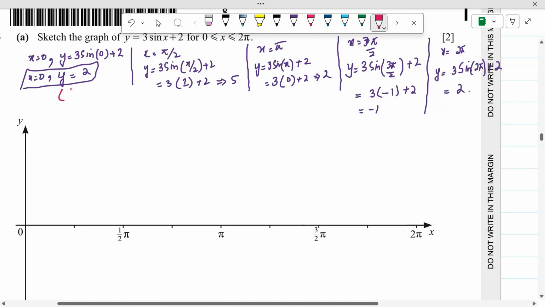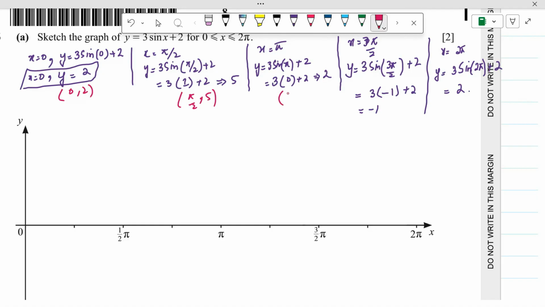So the points are 0 comma 2, pi by 2 comma 5, pi comma 2, 3 pi over 2 comma negative 1, and 2 pi comma 2.